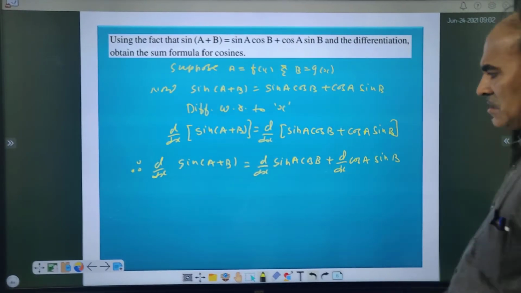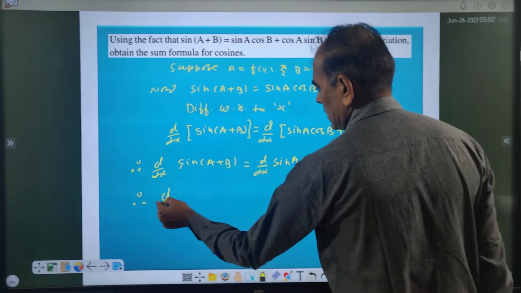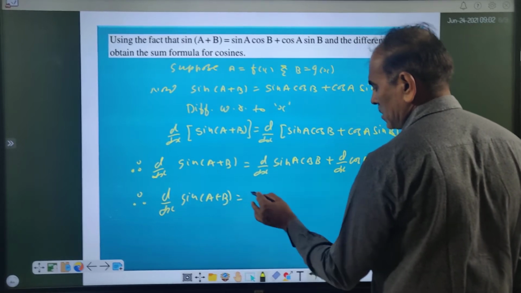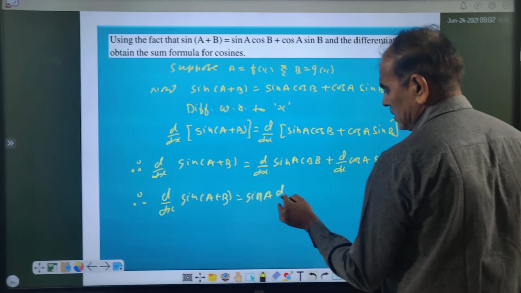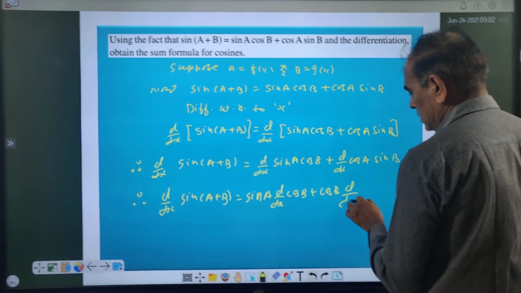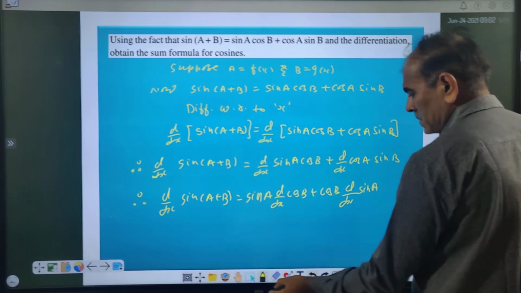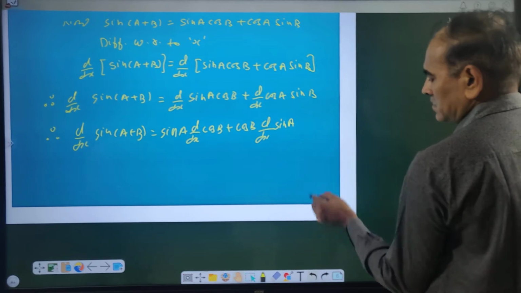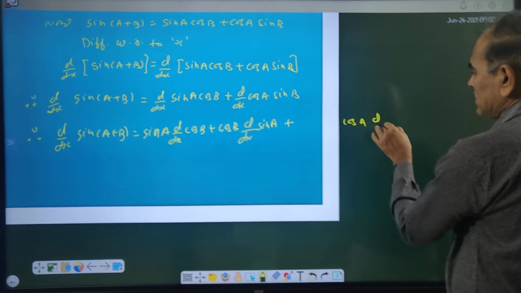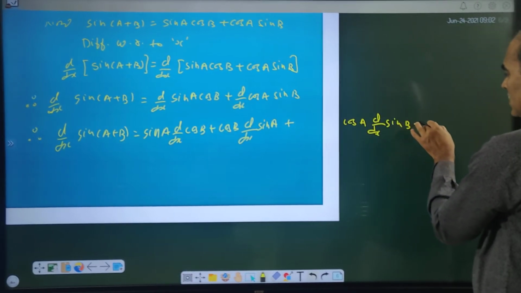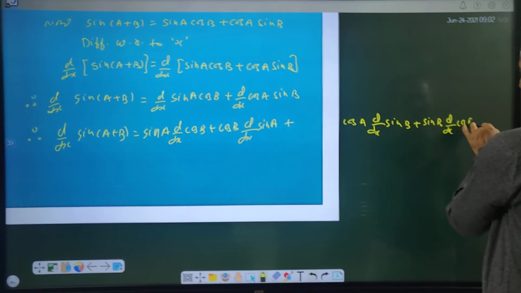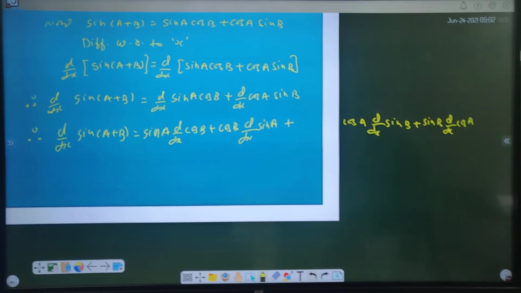Once again, left hand side as it is: d by dx of sin of a plus b is equal to, applying the product rule, sin a d by dx of cos b plus cos b d by dx of sin a, plus cos a as it is d by dx of sin b, plus sin b as it is d by dx of cos a. Yes or no? Yes.